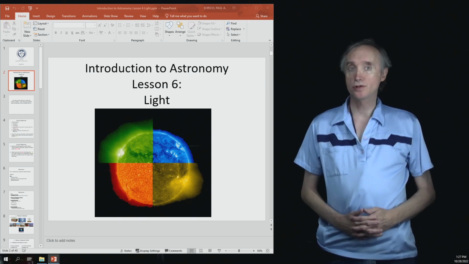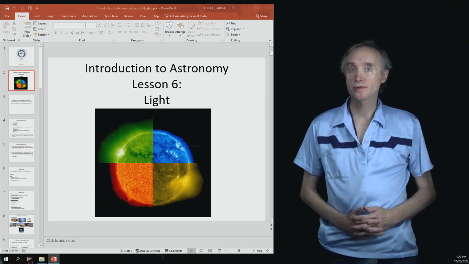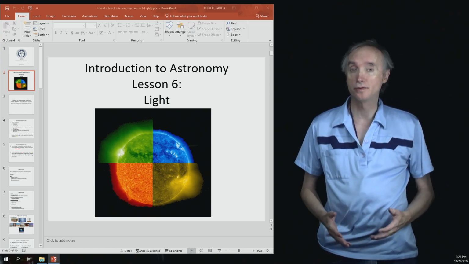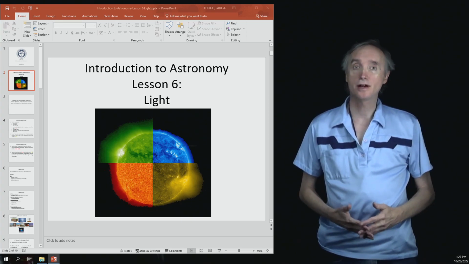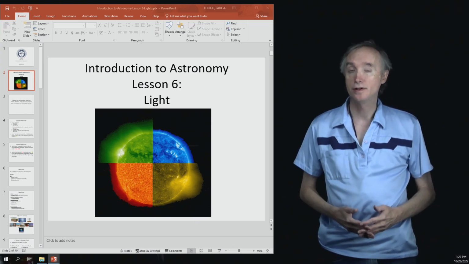Well, now we want to switch gears, and for this lesson and lesson number 7, we're going to be talking about different aspects of light, which is critical because stars are millions of miles away from the Earth. We can't physically touch these stars, but by measuring the light that they give off, it gives us information about those objects.